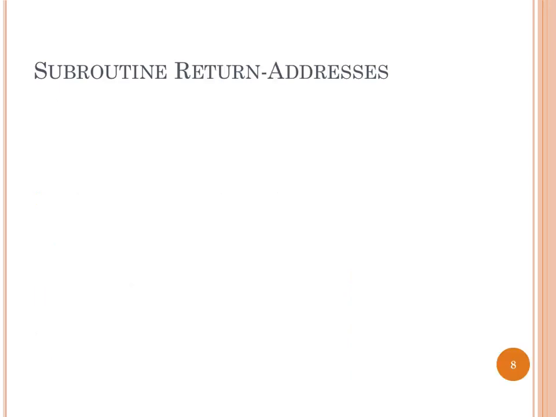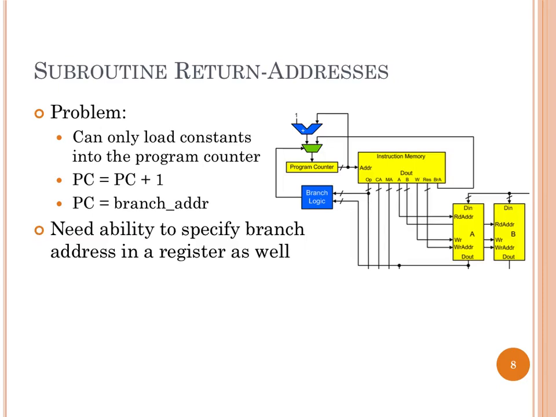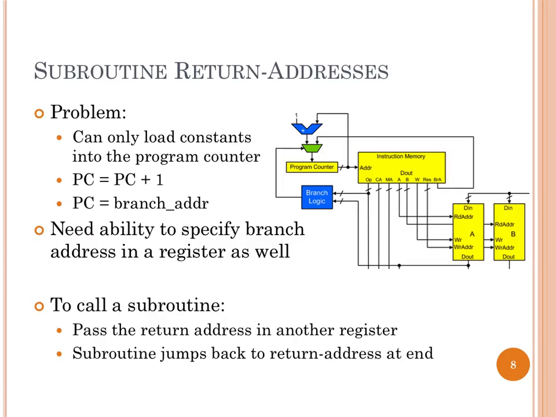So we need to upgrade our computer again. You can see that right now, the way that our program counter logic is designed, we have two places that the next program counter value can come from. It can either be the current one plus 1, or it can be a hard-coded value in the branch address part of the instruction. Okay? So we would like to have a way of putting that branch address somewhere else, like, say, in a register.